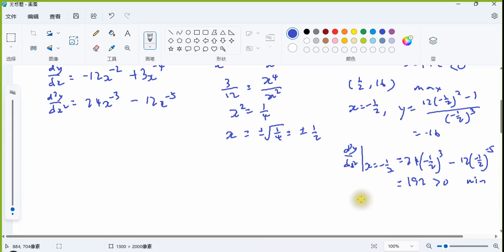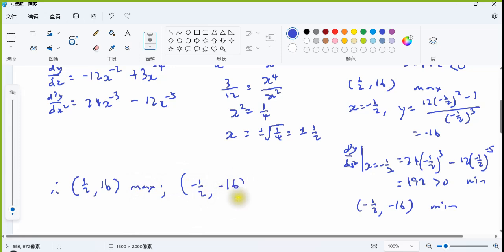So (negative 1/2, negative 16) is the minimum. So (1/2, 16) is the maximum, and (negative 1/2, negative 16) is the minimum. Yes, correct.